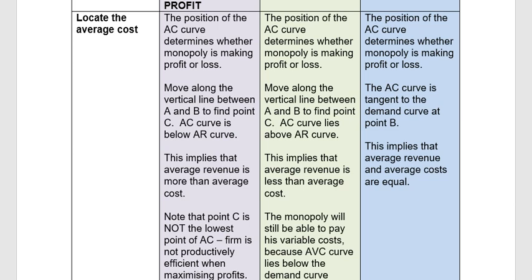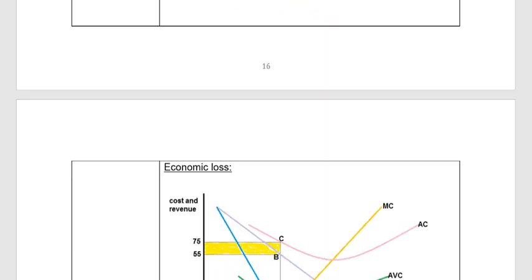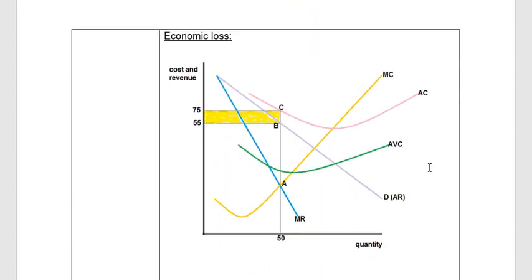If we go now to the next graph, the economic loss graph, you will see in this graph they've added the AVC. There's a reason for this. The minute that you see AVC, you think shutdown. AVC is only important when we talk about the shutdown rule.